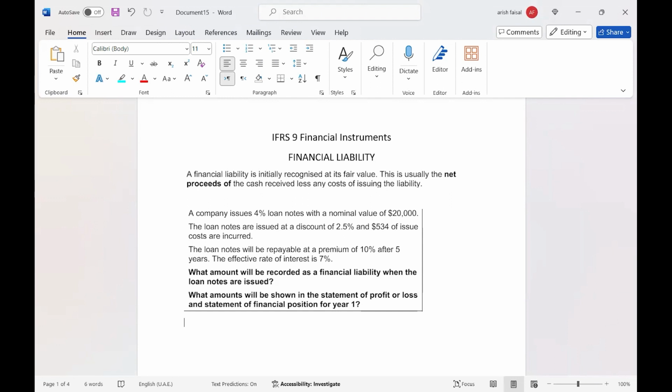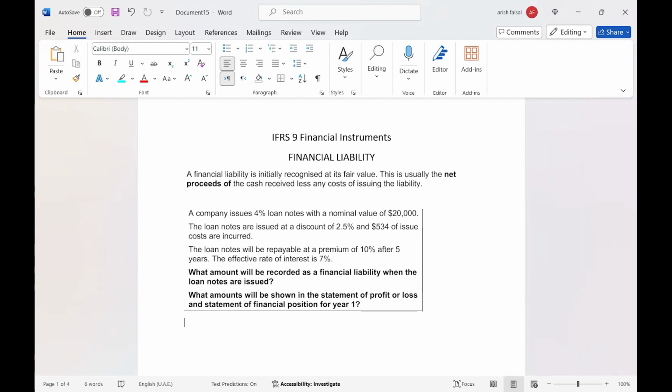Now, when it says discount, it means that though the company is saying that we owe the investors 20,000, it's not actually 20,000 that they have received from the investors at the time of taking the loan. They have received 97.5 percent, like 2.5 percent has been given as a discount.